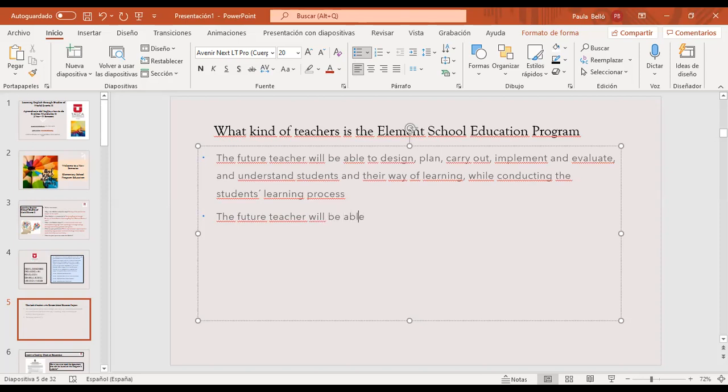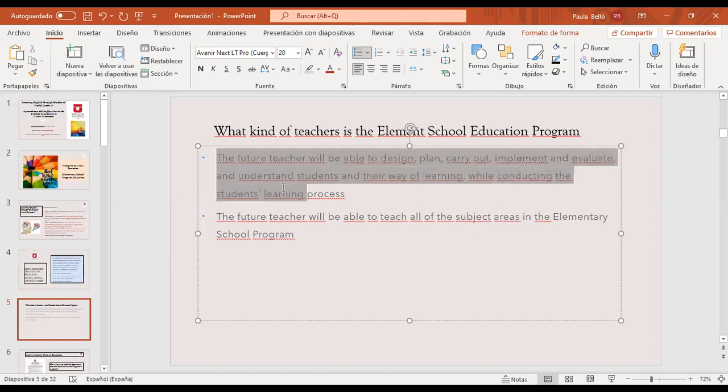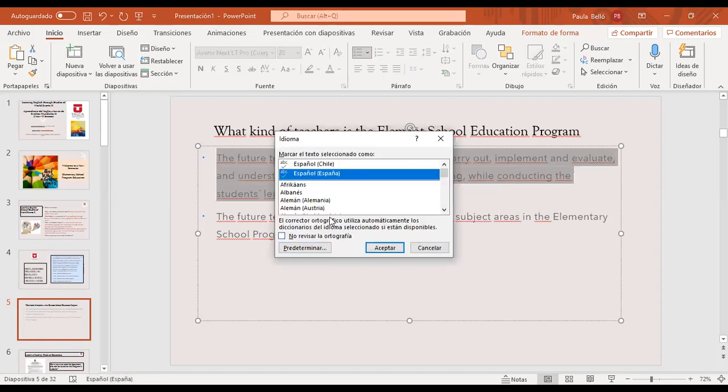So you will be able to teach all of the subject areas in the elementary school program, including, we said, math, Spanish, science, and art, music, a little bit, and even English because of this minor that we have. Okay, so we will write everything in English.